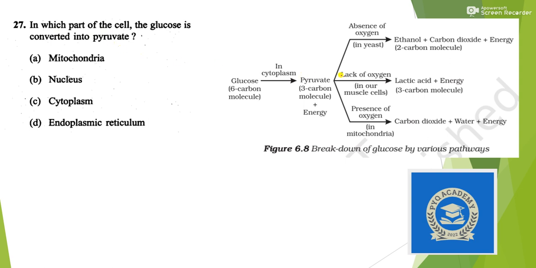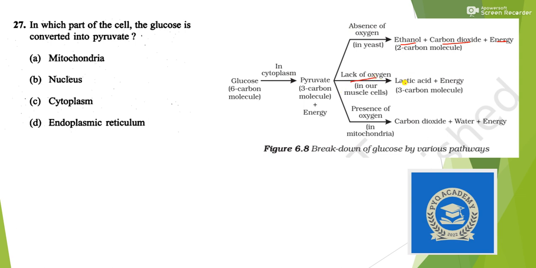Next, in which part of the cell is glucose converted into pyruvate? So this is an image which is given in NCERT, in which the whole process through which glucose can be converted is given. In absence of oxygen, it is converted into ethanol, carbon dioxide, energy.